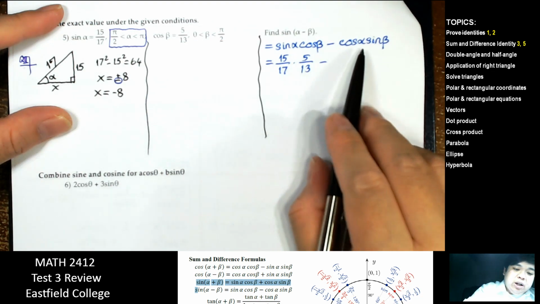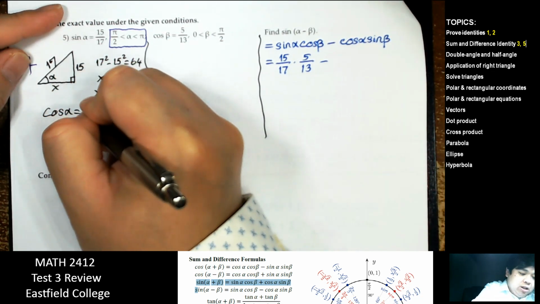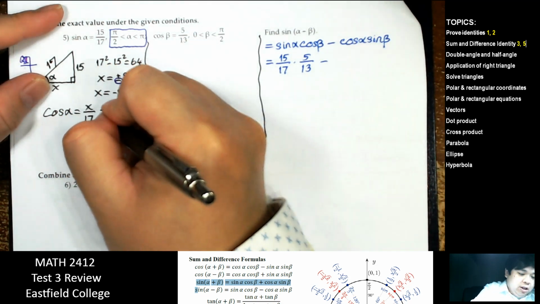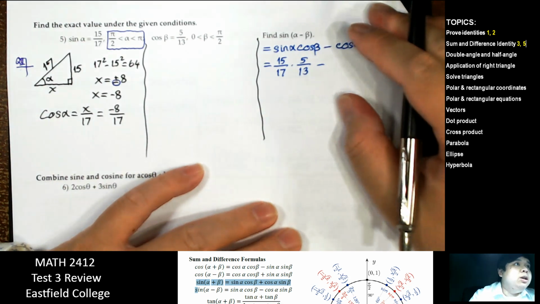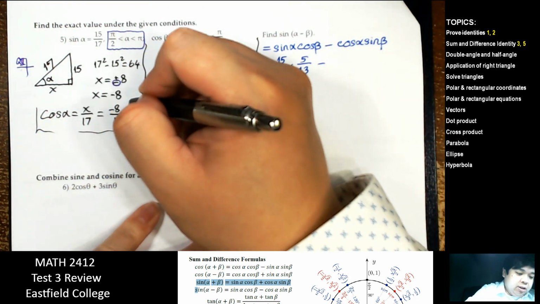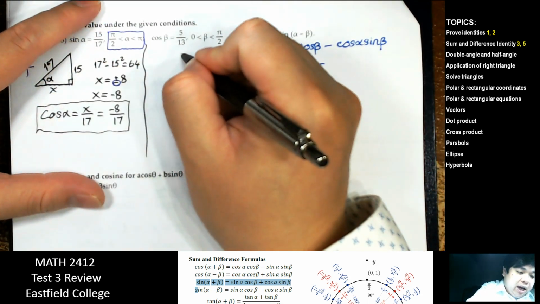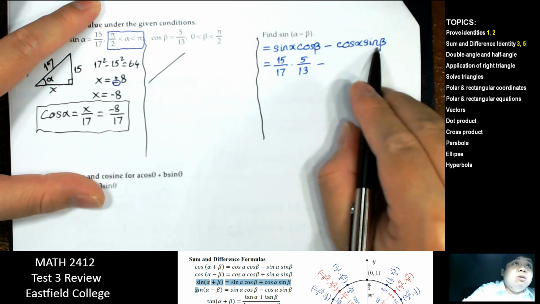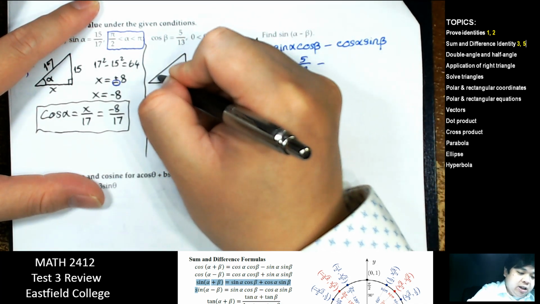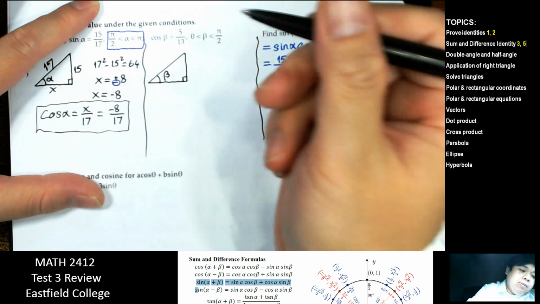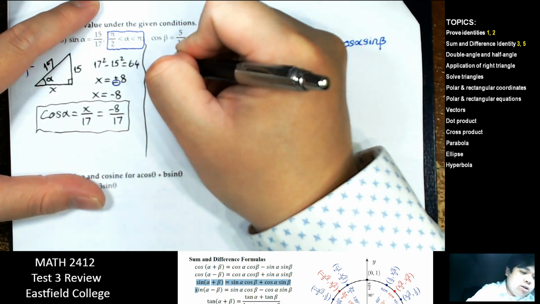And finally, we need cosine of alpha, adjacent over hypotenuse, negative 8 over 17. Right, so we have cosine of alpha. The same technique can be done to find sine of beta. So we have the angle beta here. Cosine is adjacent over hypotenuse.